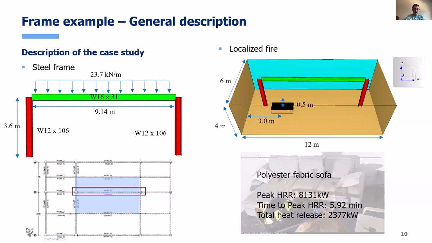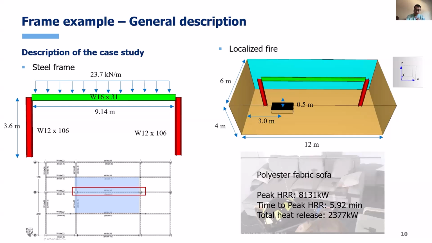Here we didn't consider a symmetric location between the frame and the fire. Instead, we move the center line of the fire a little bit away from the center line of the frame to see whether the interface method can capture this asymmetric behavior.